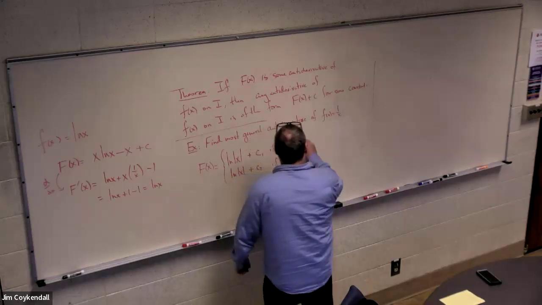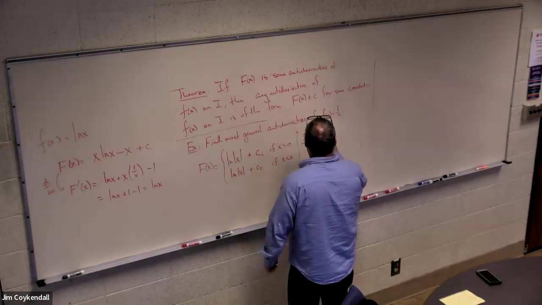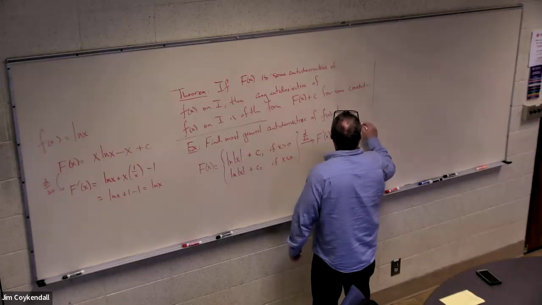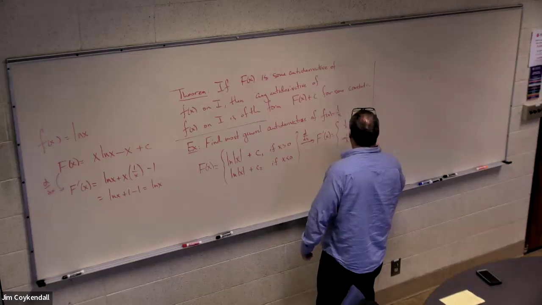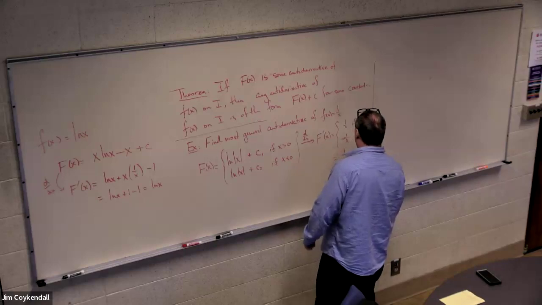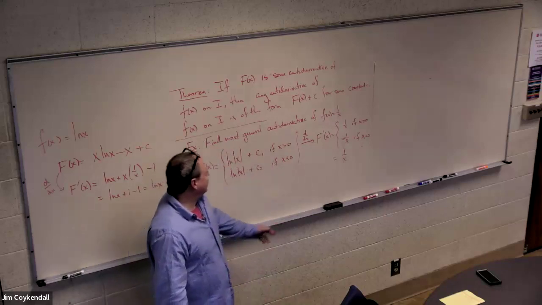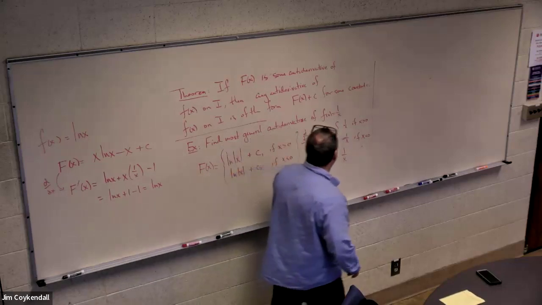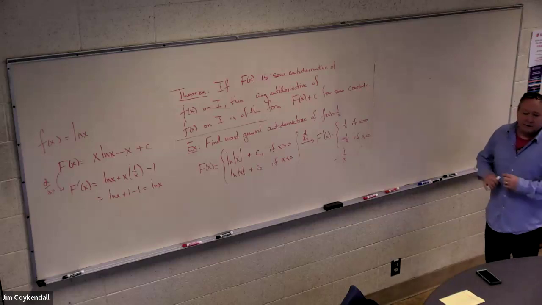Because if you look at the derivative of this, F prime of x is 1/x if x is bigger than 0, and 1/x if x is less than 0, which is 1/x. But that's technical. If I ask you for an antiderivative of 1/x, the natural log of the absolute value of x plus C. But this is actually a slightly more general version.